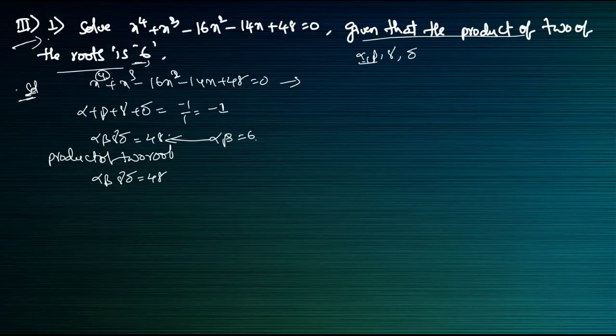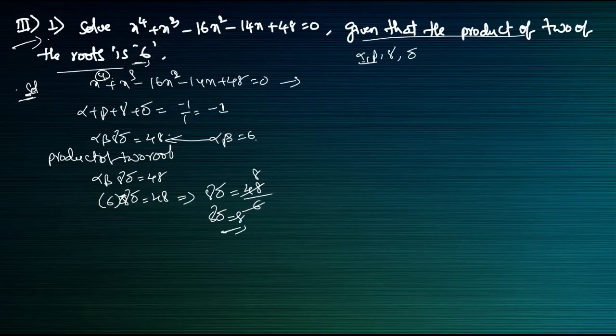So 6 into gamma into delta is equal to 48. From this, gamma into delta is equal to 48 divided by 6, so gamma delta is equal to 8. Now we have alpha beta and gamma delta.